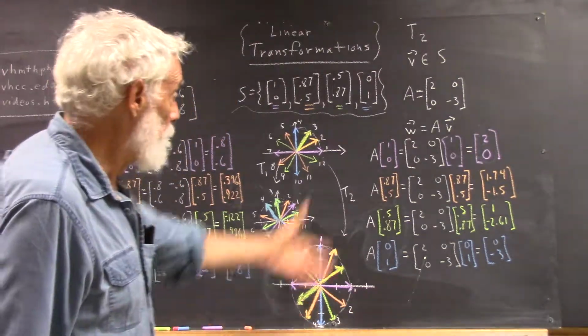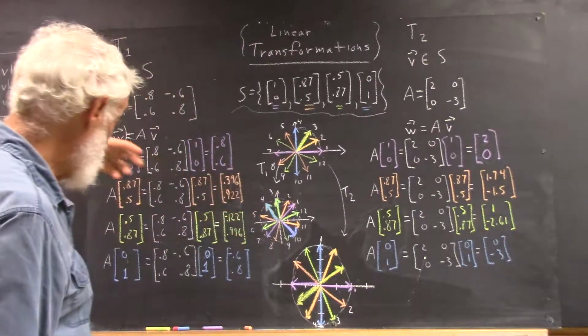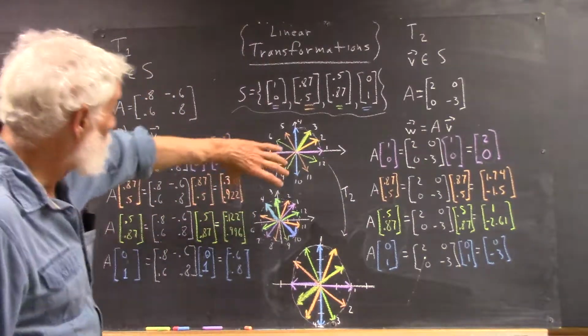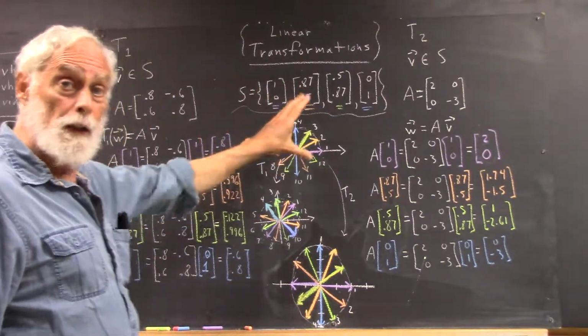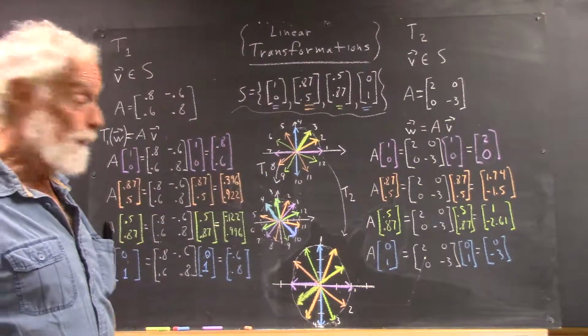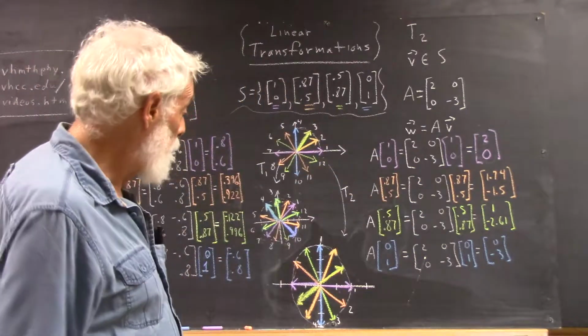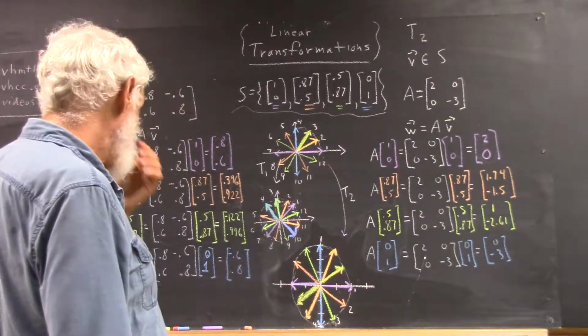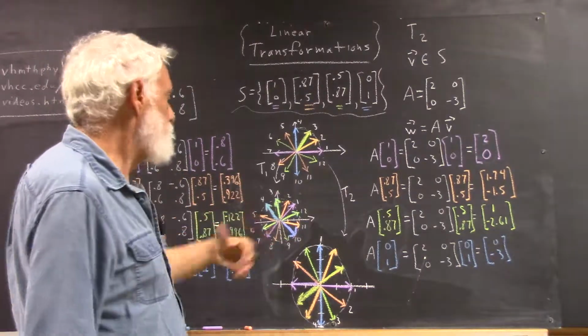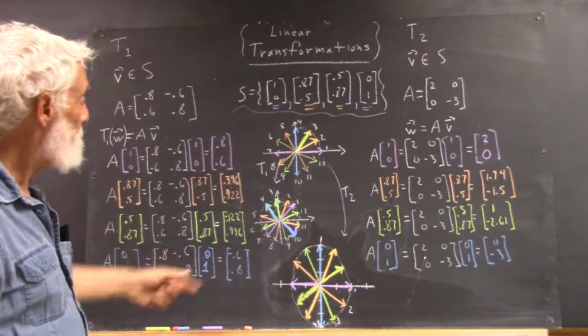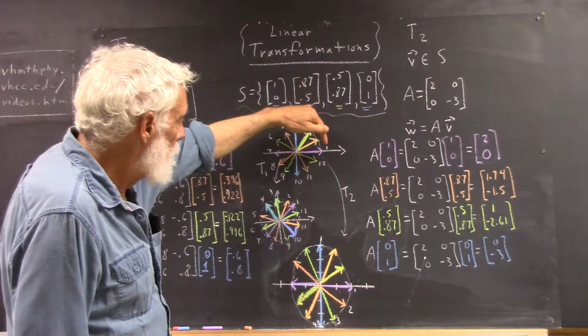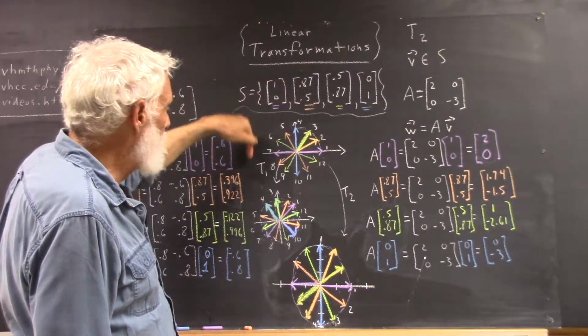Now, there's a difference between what this transformation does and what this one does. This transformation simply rotated everything and maintained the same length. This transformation, acting on exactly the same vectors, does something a little bit different. In the first transformation, the vectors maintained their order.